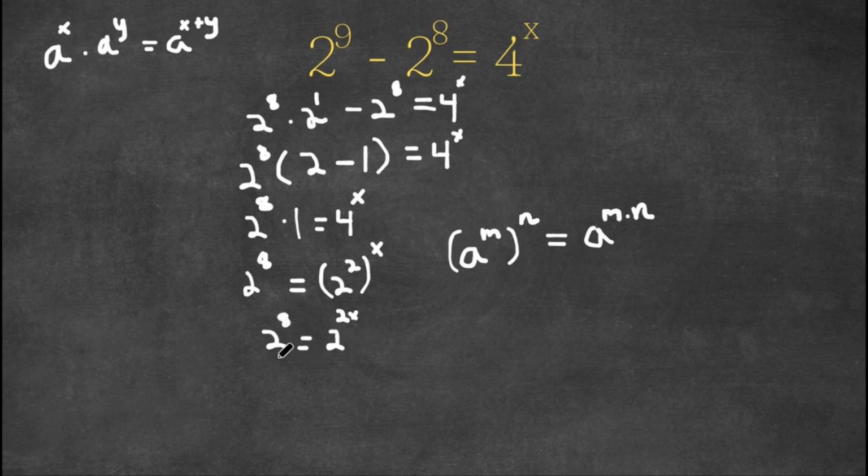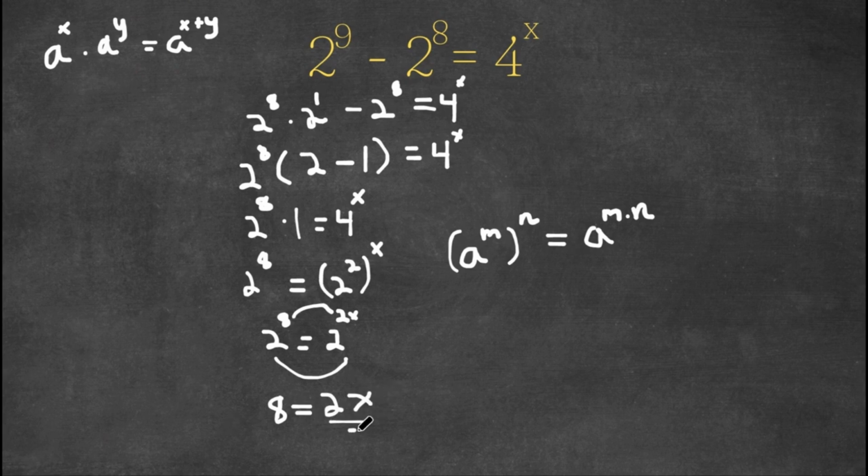Now, because we have the same bases, that must mean our exponents are the same as well, because this equation would not be true if the exponents were different. Meaning that 8 equals 2x. And now, as you can see, we have a simple equation, and we just want to solve for x.